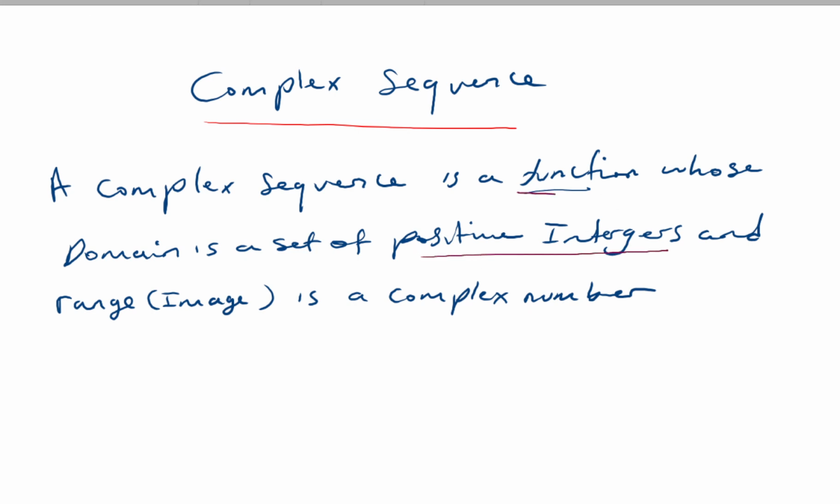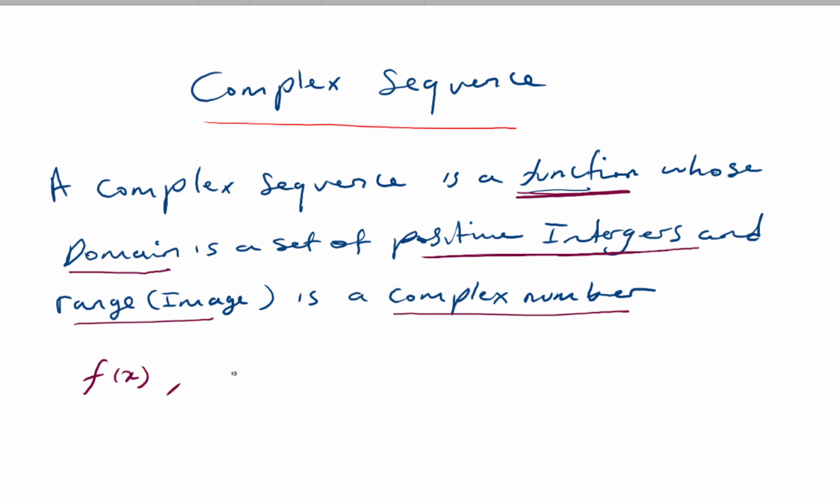This function has a domain of positive integers and has a range which are complex numbers. We can have a function f of x. This is a function. We also have an. This is also a function. Fn, kn, these are all functions.